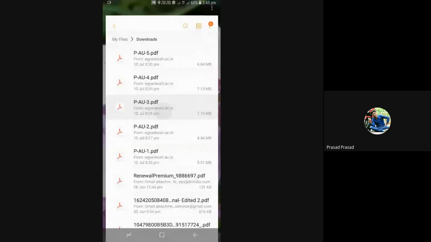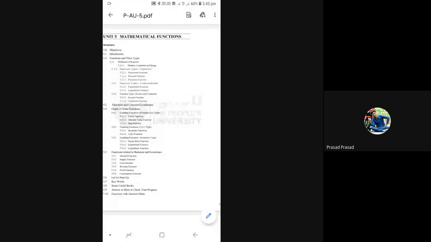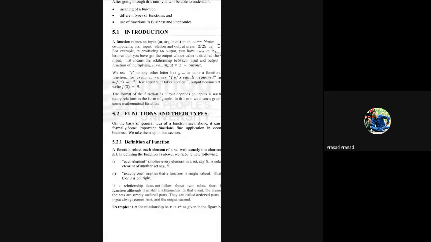So coming to the last part, mathematical functions. Okay. Functions are nothing but the value to be substituted in a particular function. If f of x is given, f denotes function, that is small f.